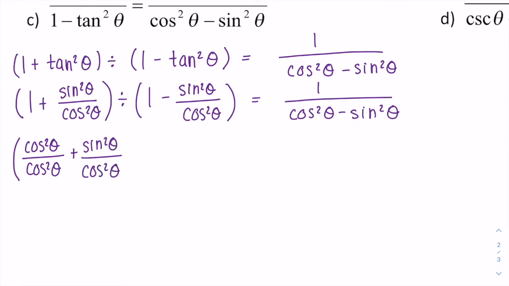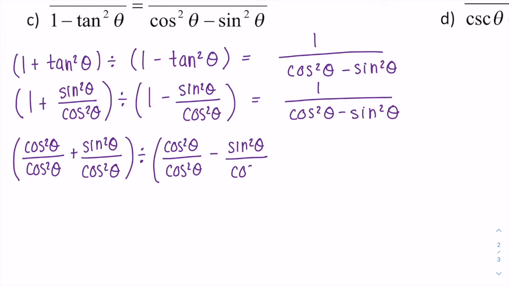Again, all I'm doing is making common denominators so that I can add or subtract things in the brackets. And we're still trying to equal 1 over cosine squared theta minus sine squared theta.